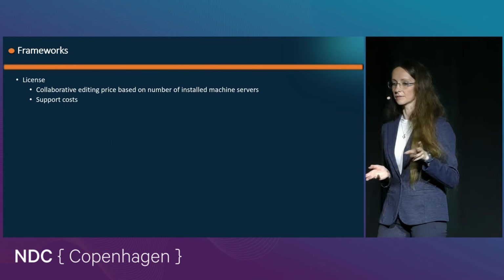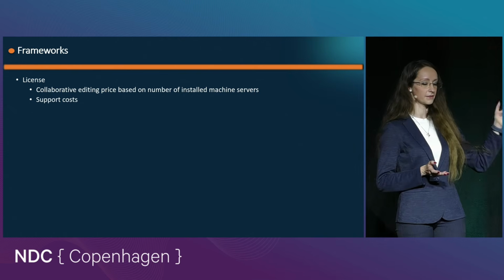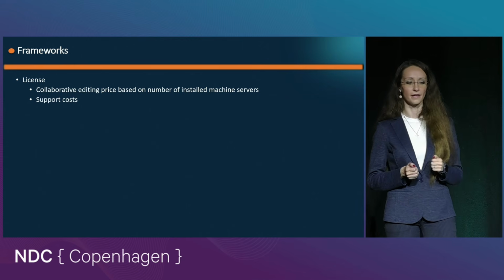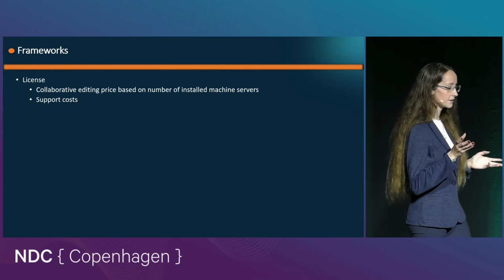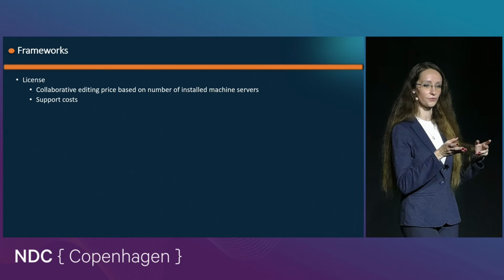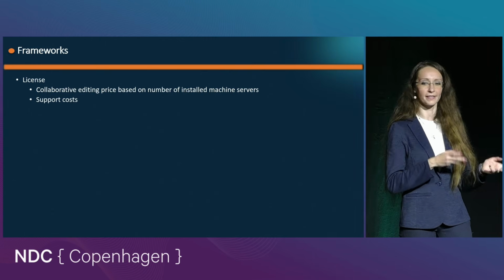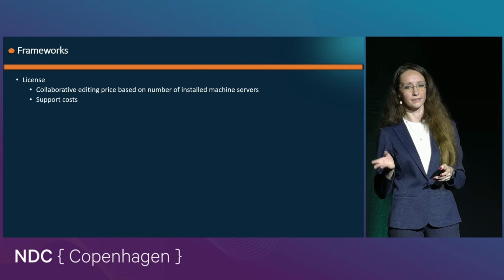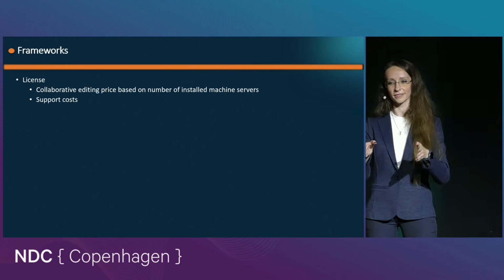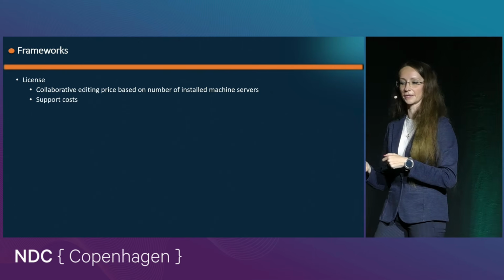That is because most of those frameworks and many others that I haven't added on the previous slide have a strange policy concerning the number of servers or the number of licenses they are giving you for the collaborative part, because they need a specific number of servers where you are supposed to use the application.